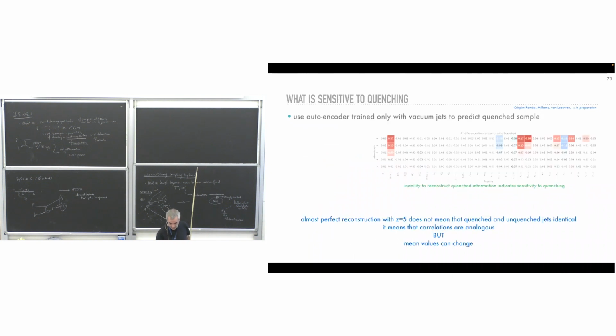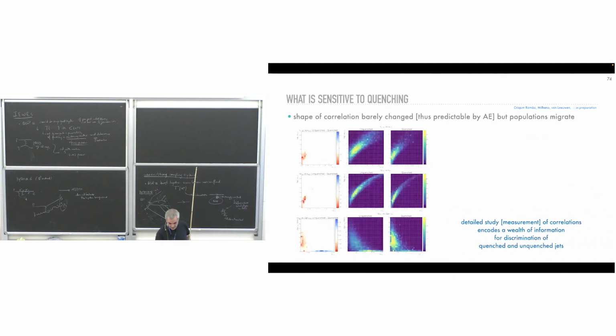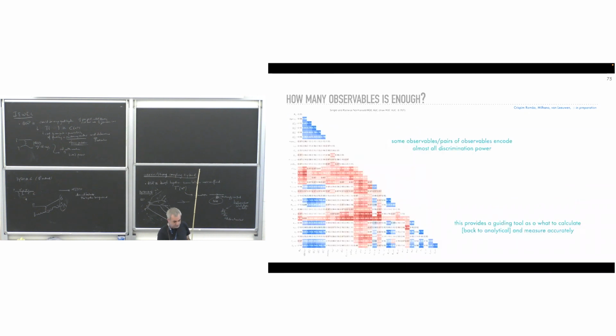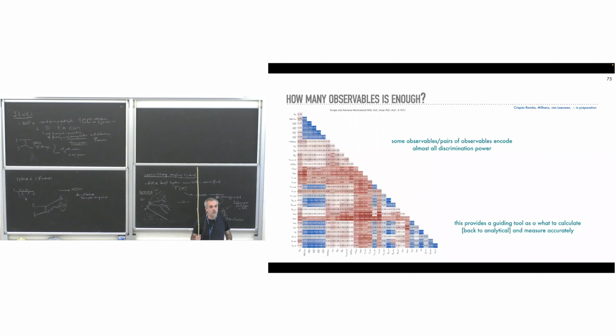And you actually can look at how much a single observable can do of your total discrimination power, okay? Or pairs of observables. And we find many pairs that have discrimination power of 99% as compared to the 31.